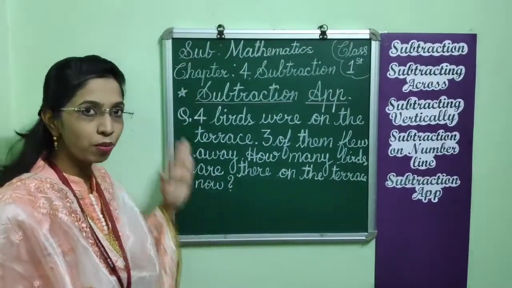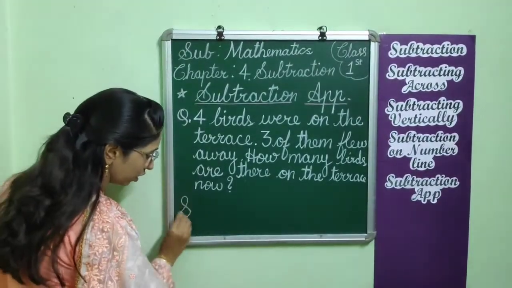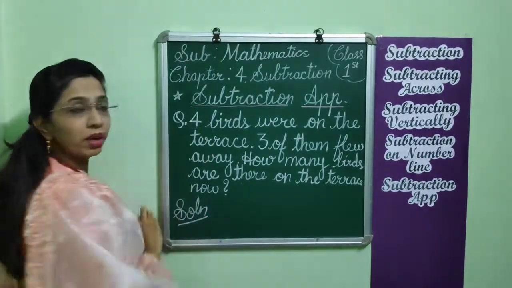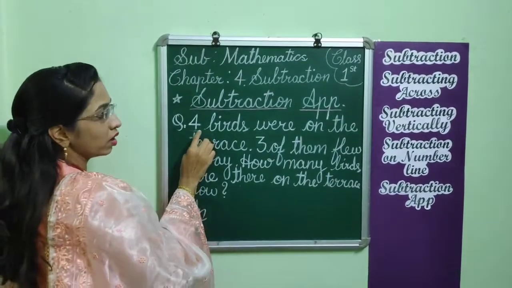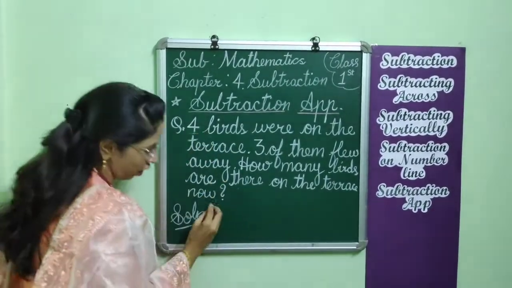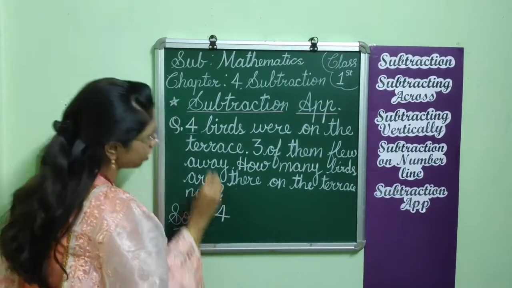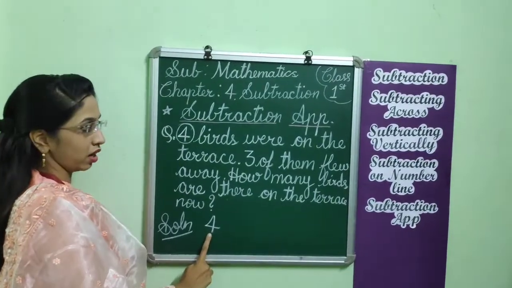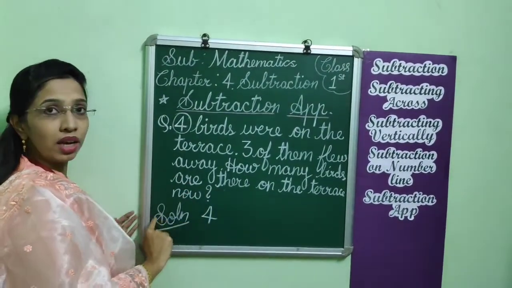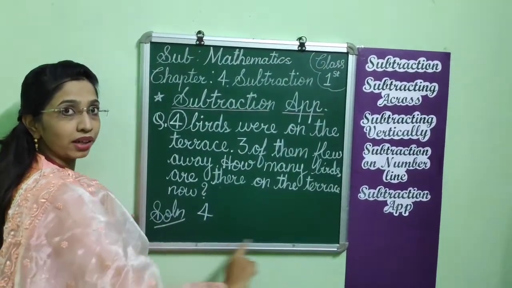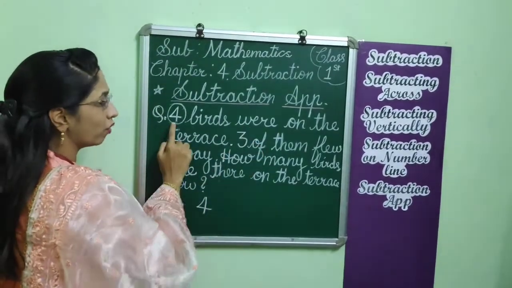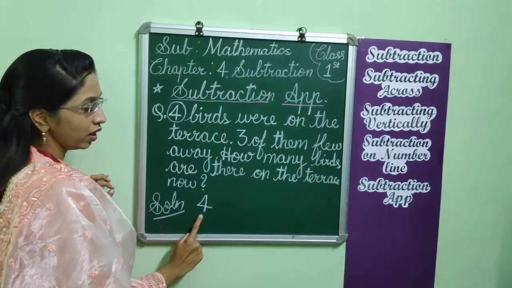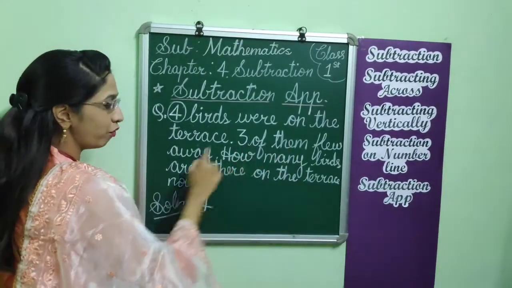Shall we solve this problem here? See here. First you have to write the solution. How many birds are there on the terrace? There are 4 birds. What is the first number? It is 4. So we have to write it first here. How do we have to arrange the number? In a sleeping line way, subtracting across. 4 birds were on the terrace. This 4 you have to write here. 3 of them flew away.